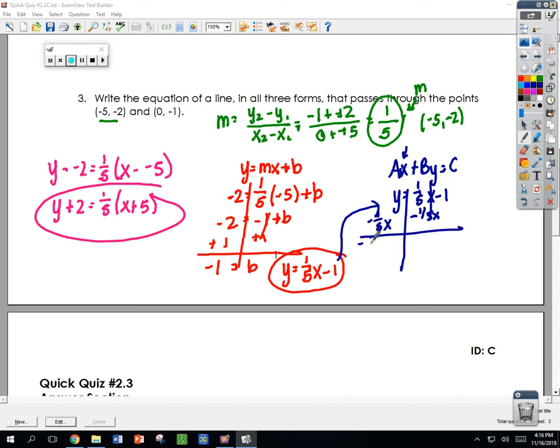Those aren't like terms, so it's negative 1 over 5x plus y equals negative 1. So it's written the right way, except you can't have a fraction or a negative. So in order to get rid of divide by 5, I'm going to multiply everything by 5. In order to get rid of the negative, I'm going to use negative 5. That's a positive 1x minus 5y equals 5. Hopefully that helps you correct your quiz.